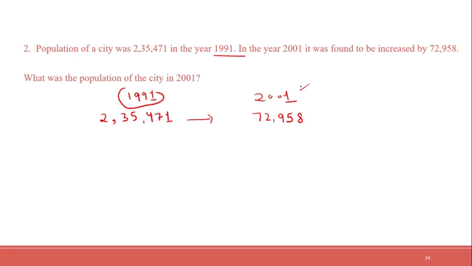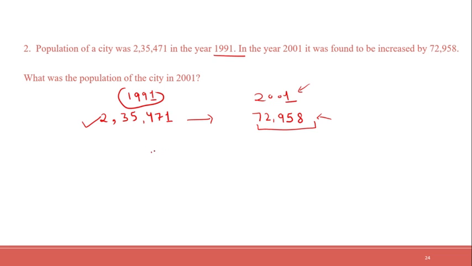So what was the population of the city in 2001? Earlier the population was this, and then there was an increase of 72,958. Now the question is asking for the total population in 2001.